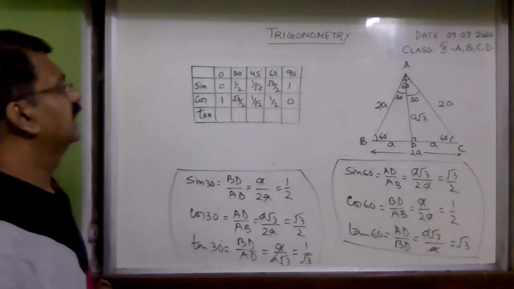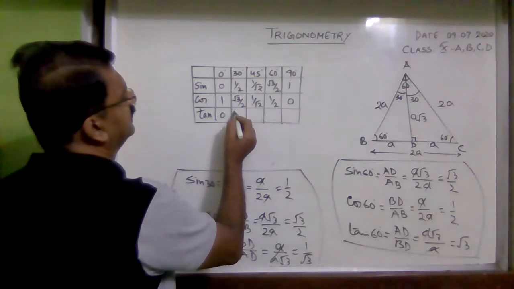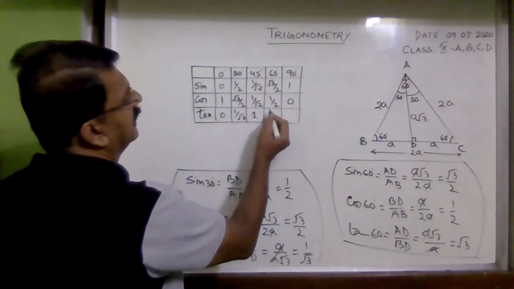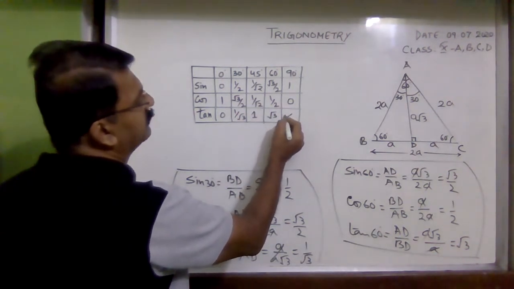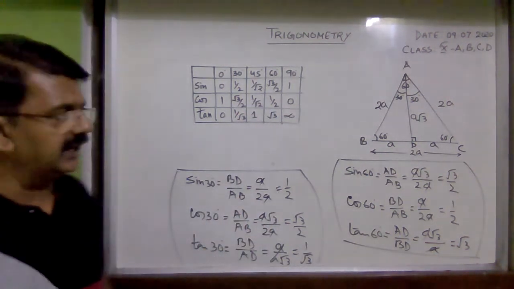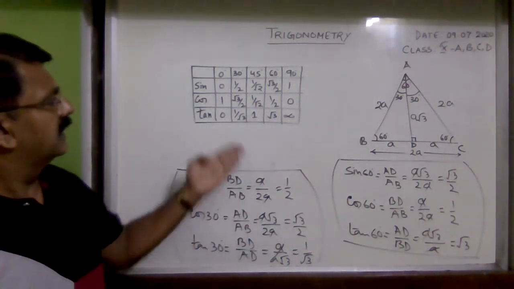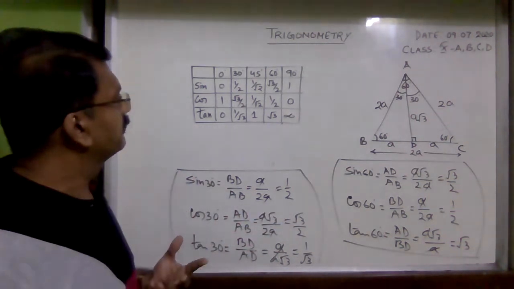Clear? Then tan. Tan 0 is 0, tan 30 is 1 upon root 3, tan 45 is 1, tan 60 is root 3 and tan 90 is infinite or undefined. Clear? So if you check from this table, you will see their values are the same.